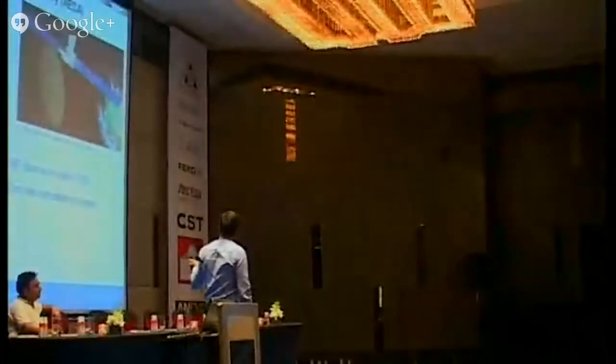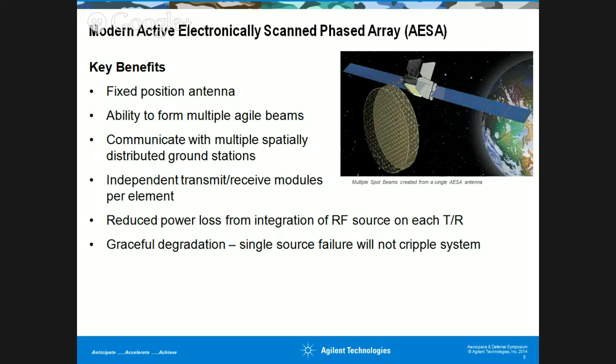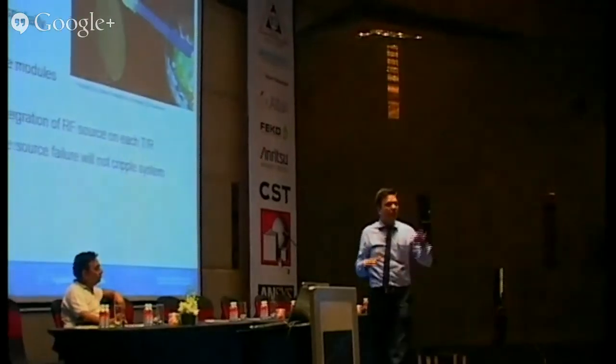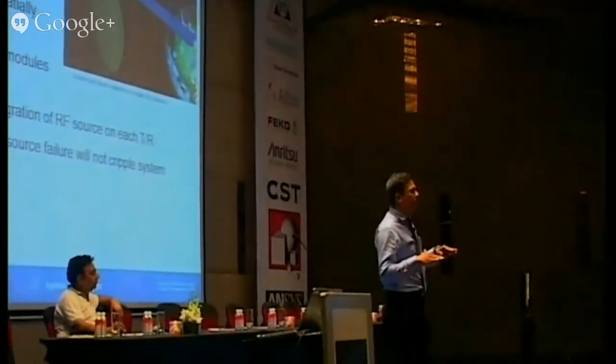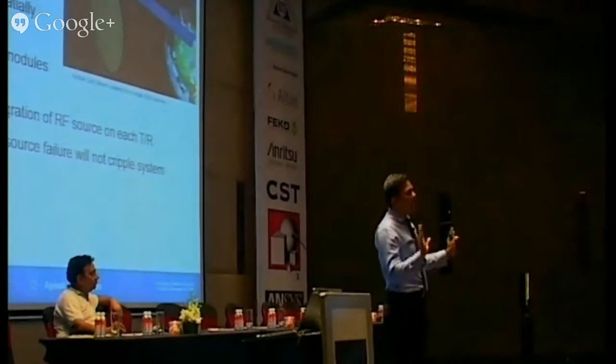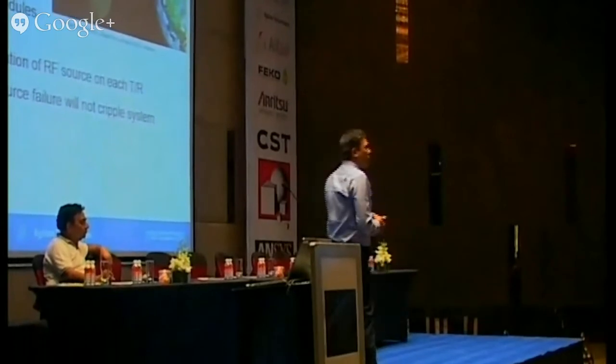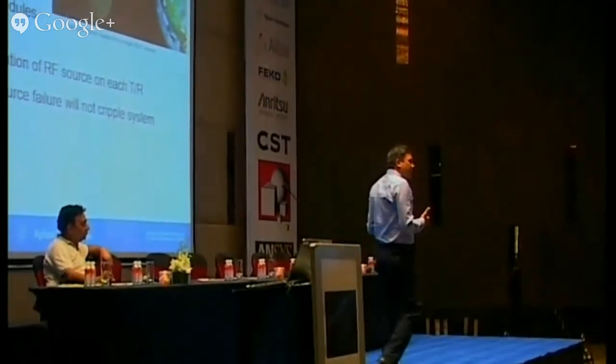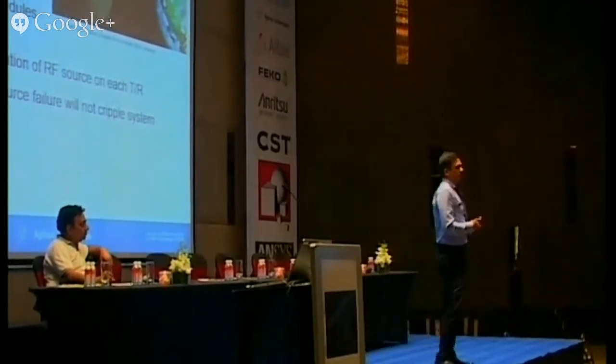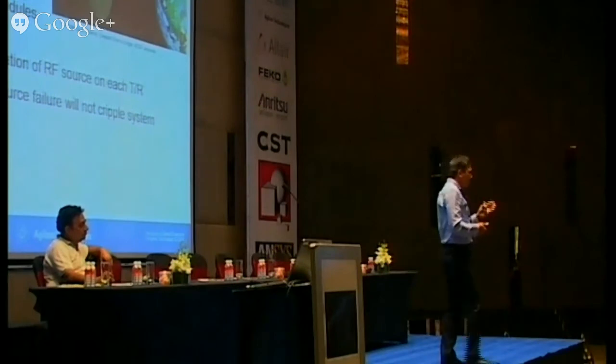It has the ability to form multiple agile beams, right? So you can switch on certain elements, you can switch off certain elements, you can increase the gain of certain elements, decrease the gain of other elements, change the phase of each of them with respect to each other, and then you are able to configure multiple beams dynamically into the space.